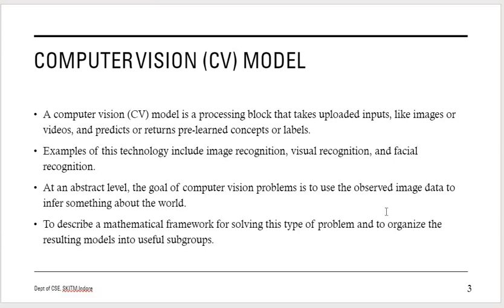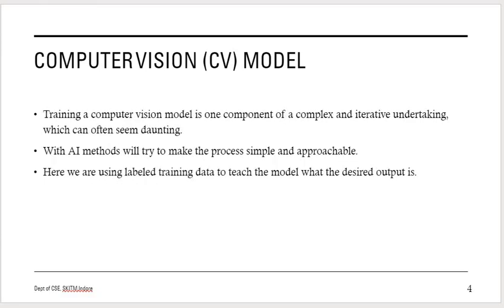So at an abstract level, the goal of the computer vision problem is to use the observed image data to infer something about the world, or to describe a mathematical framework for solving this type of problem and to recognize the resulting model into useful subgroups. Training a computer vision model is one component of a complex and iterative process which can often seem very difficult.